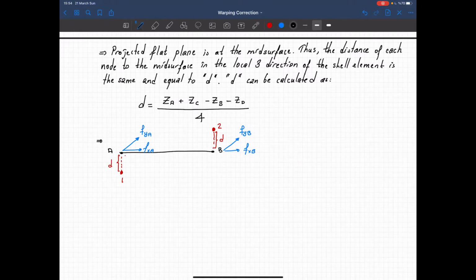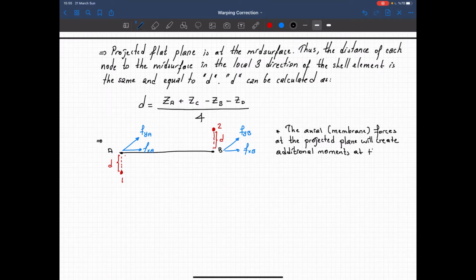So we are saying that the axial or membrane forces at the projected plane will create additional moments at the actual location of nodes.